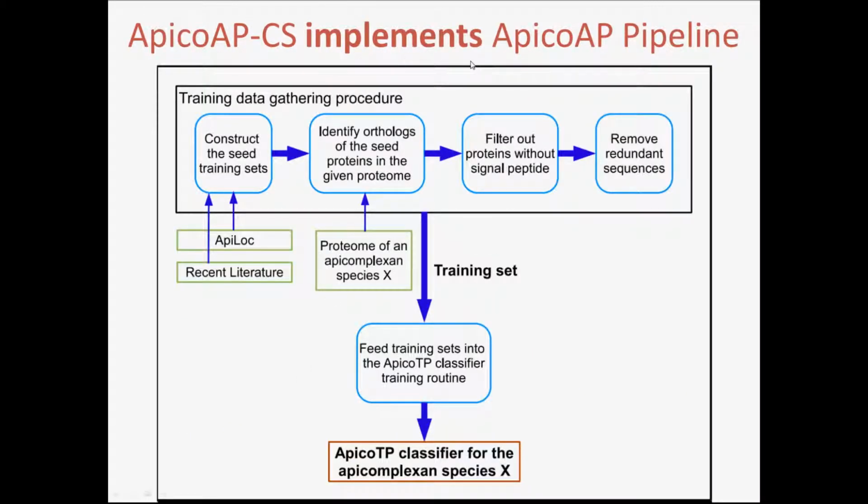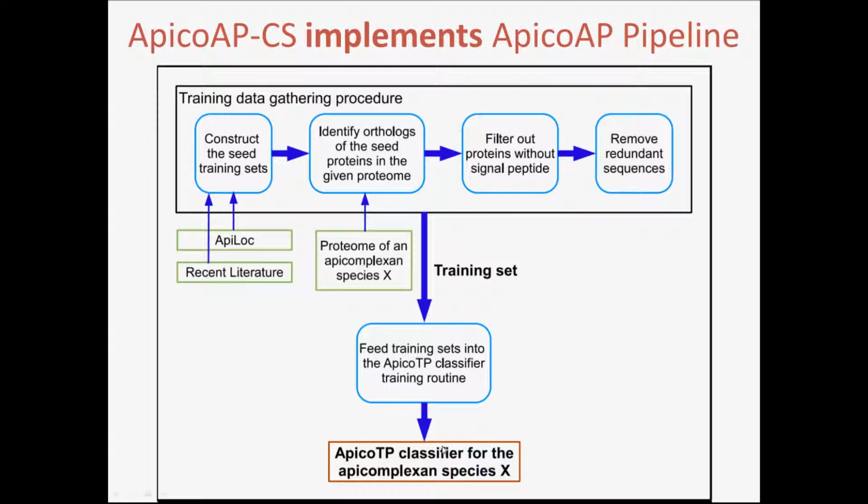ApicoAP CS implements the ApicoAP pipeline, which includes an automated train data gathering procedure where user input is welcome but not necessary. The generated train data is then used to train classifiers that can identify putative apico+ targeted proteins from the proteins of the interested apicomplexan species.